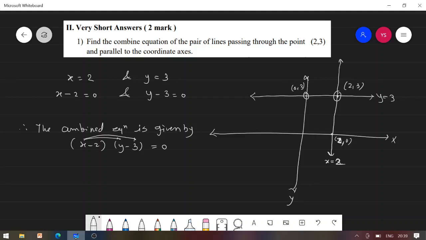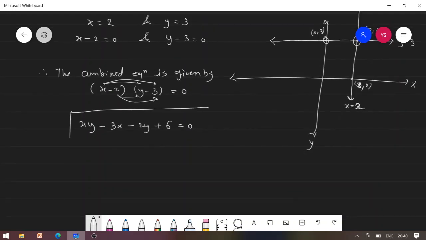Distribute x over the second bracket, and then minus 2 over the second bracket. We get xy minus 3x minus 2y plus 6 equals 0, which is the required combined equation of the pair of straight lines passing through the point (2, 3) and parallel to the coordinate axes.